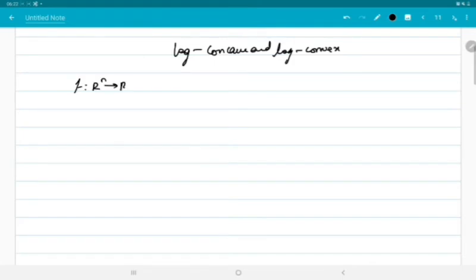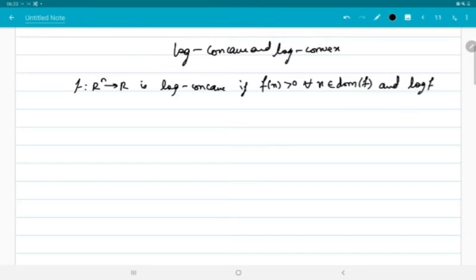A function from R to R is said to be log concave if it is positive for all x in the domain of f, and log f is concave.